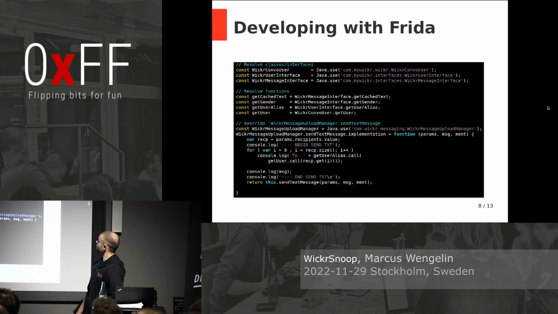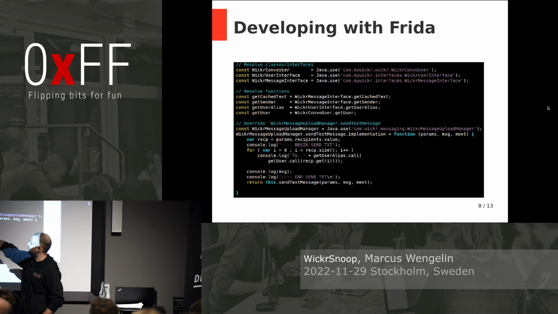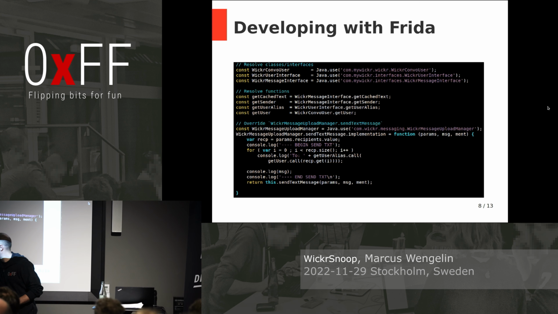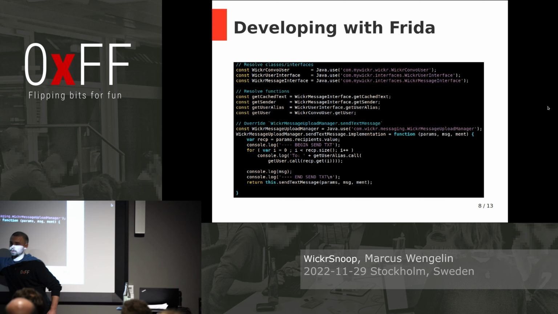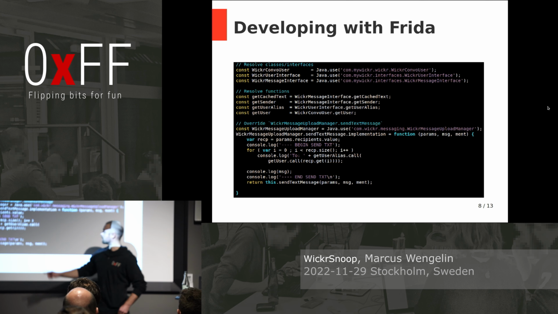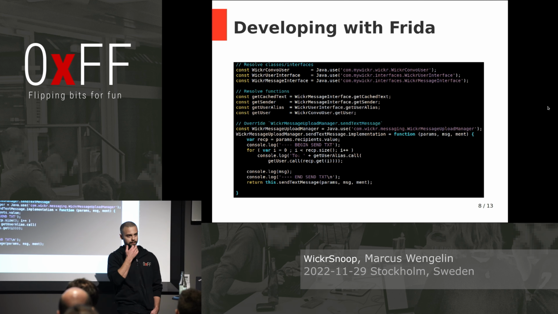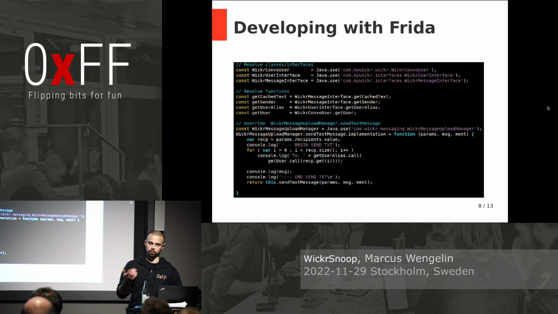As you can see, there is a field in the message upload params called recipients, which contains a list of Wickr convo users, and then you need to call get user on the Wickr convo user, and then get user alias on the user interface that is returned.